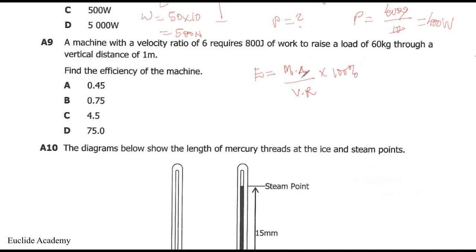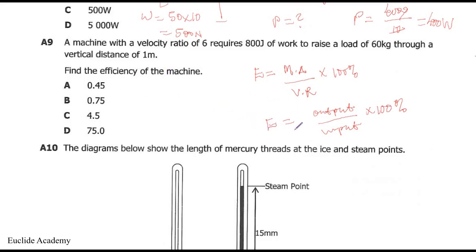So this is another way that we can write the efficiency formula, or another way we can write it is that efficiency is equal to the work output by the machine divided by the work put into the machine, multiplied by 100%. That is efficiency.